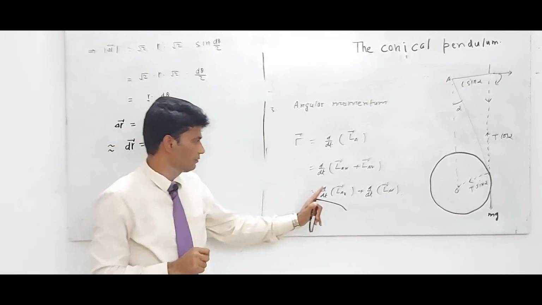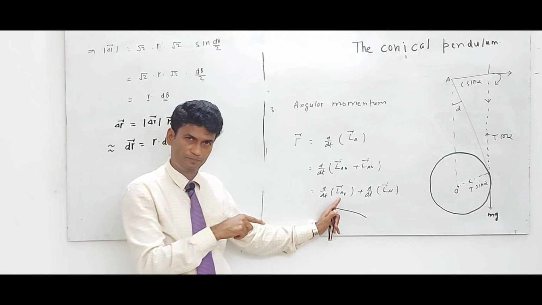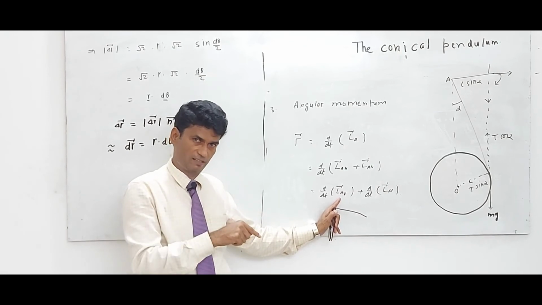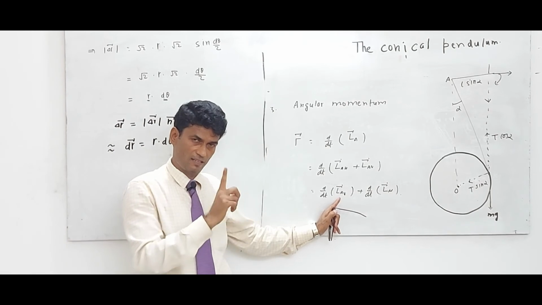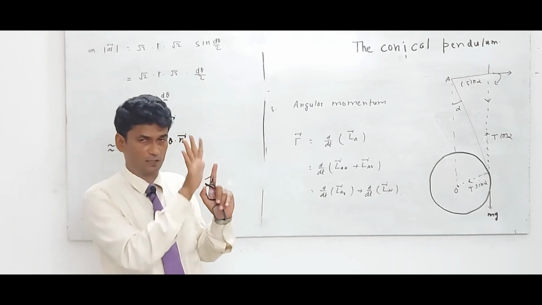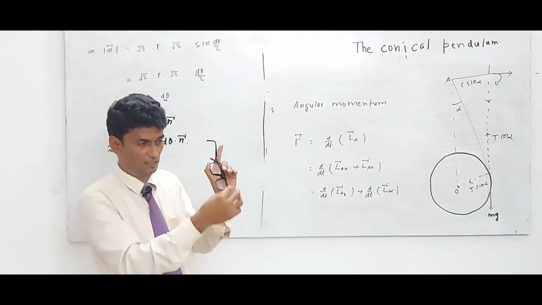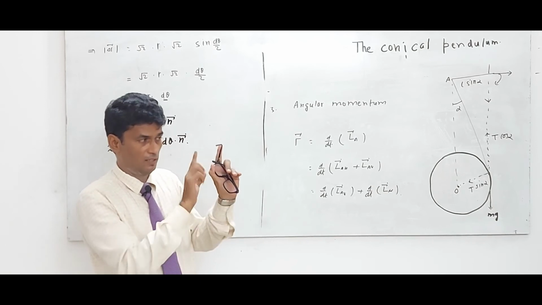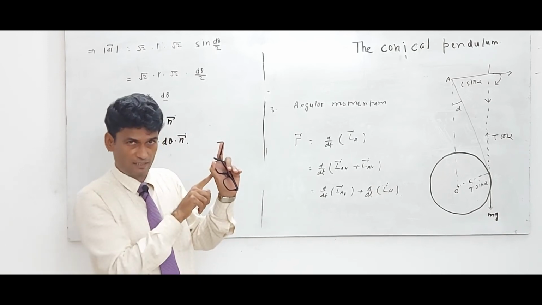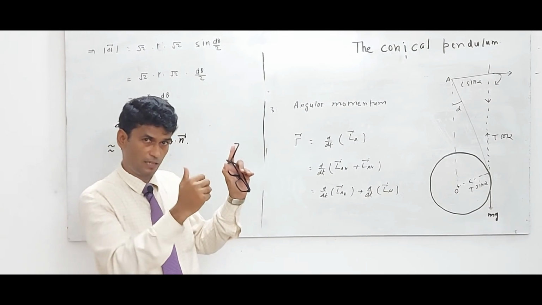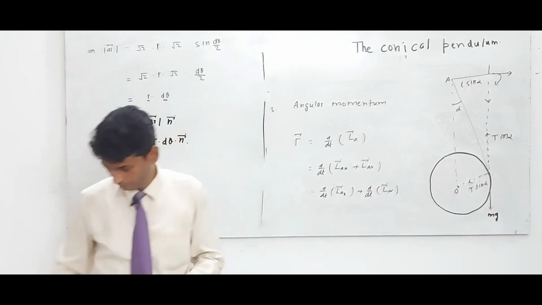So we may replace this, as per rotational dynamics, as I omega, I the moment of inertia, also about this vertical axis. Here is the bob, so we have to find the moment of inertia of this bob with respect to that vertical axis. So LAV vector is equal to I omega vector.